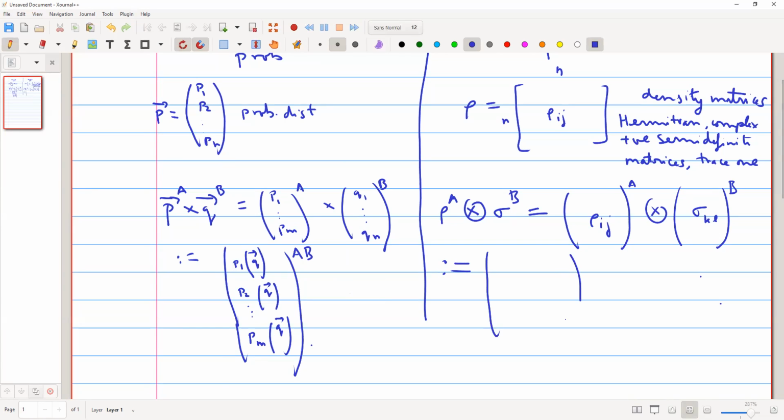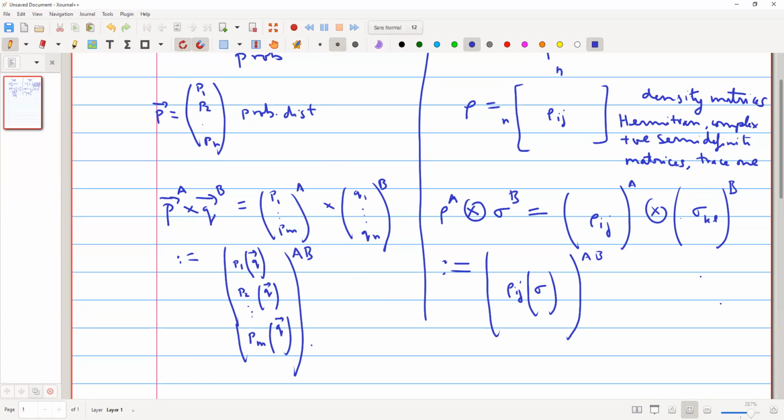So let me write it down. The ij element rho ij multiplies the matrix sigma. This is on the system A. So this is defined to be the tensor product of two matrices. The definition holds for general matrices also. They don't have to be positive semi-definite or anything like that.